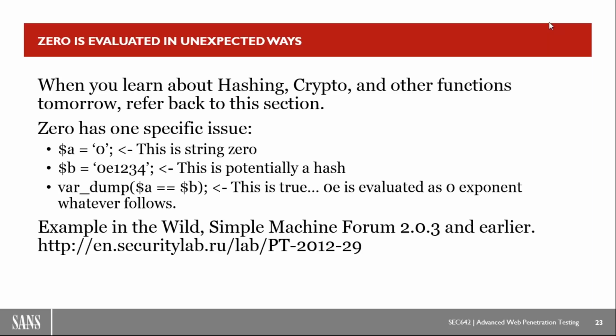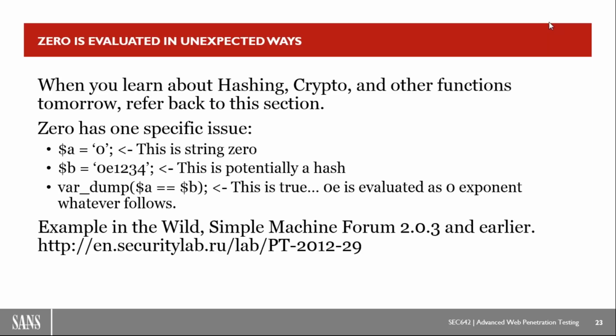Where if you got a hash and the hash started with a 0, so in my example, you say I have $B, 0E, something. A couple of ways that you can look at this. One is that it's 0E as part of an MD5 hash. Another way you can look at it is that it's 0 exponents, which would be a weird kind of thing.